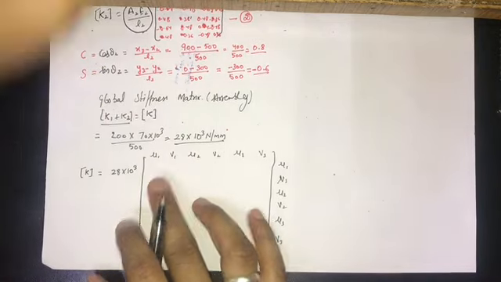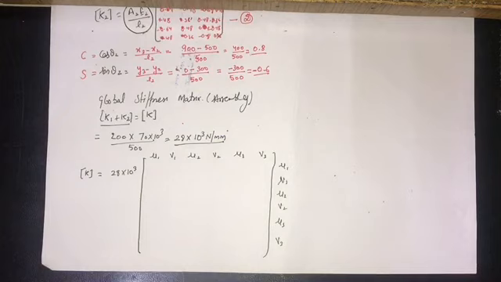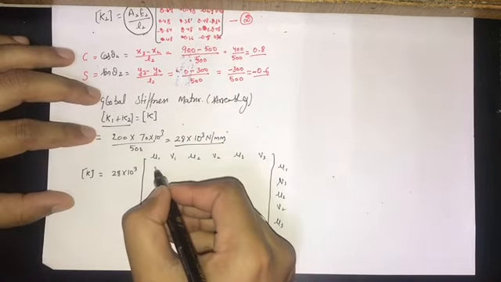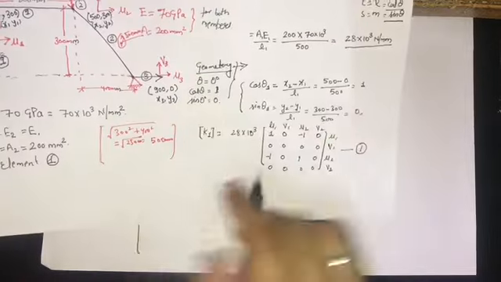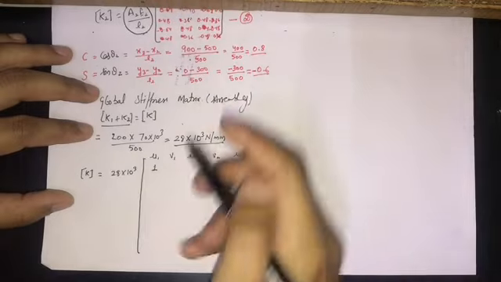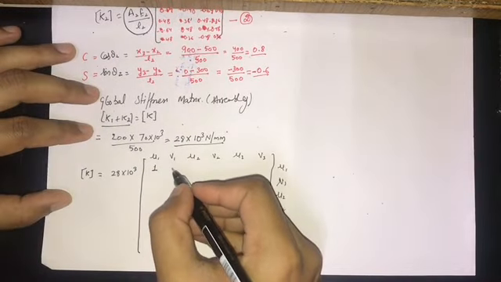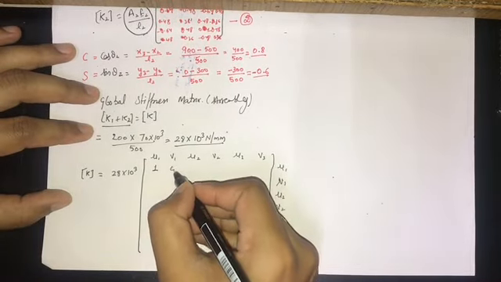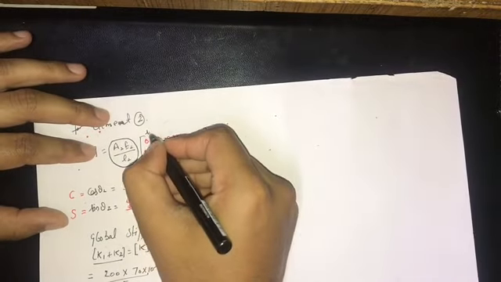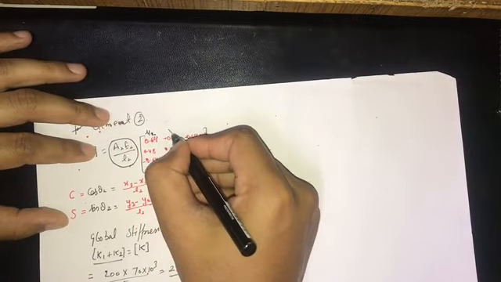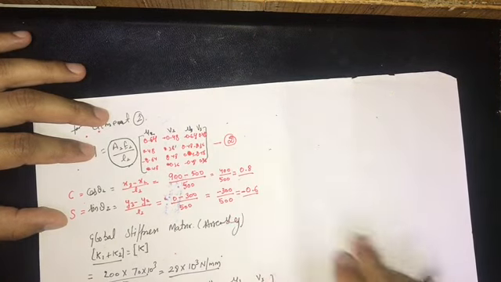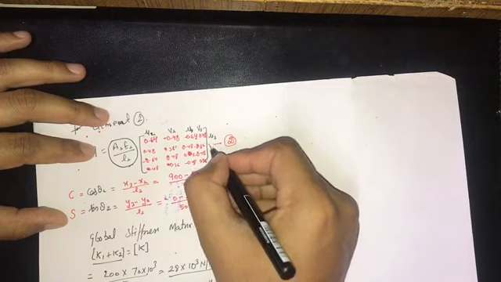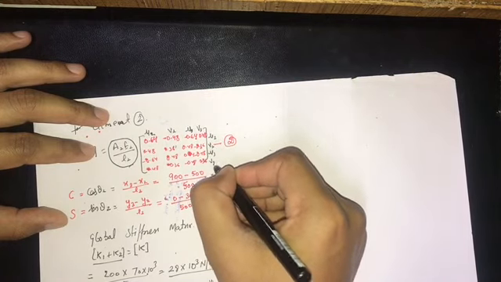See element 1, U1, that value, and here it is U1, so it should be 1. For element 2 it is 0 and here it is 0, because this is for U2, V2, U3, V3, and here again U2, V2, U3, V3.